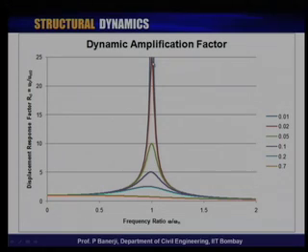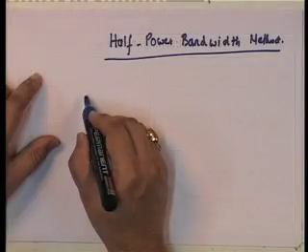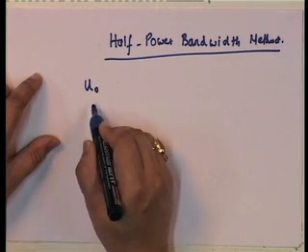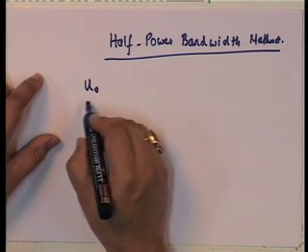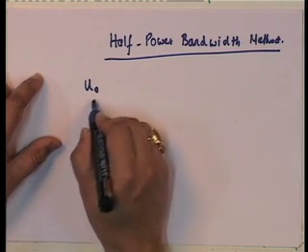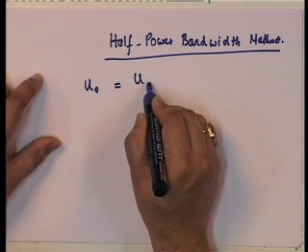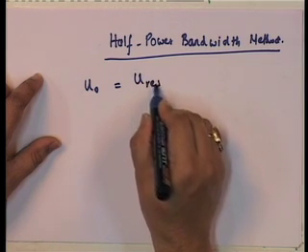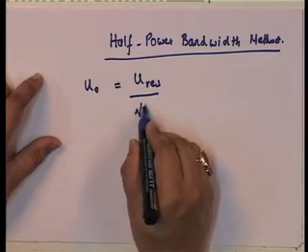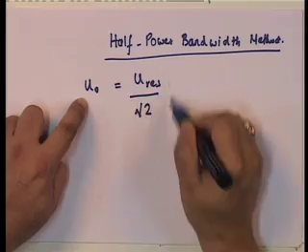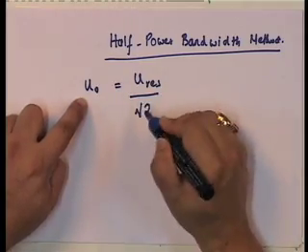But let us look at a situation where we are at half power. Half power essentially means that U_0, which is the peak amplitude, is equal to U at resonance upon root 2. Because if displacement is reduced by root 2, then the power, which is the square of the displacement, is half.